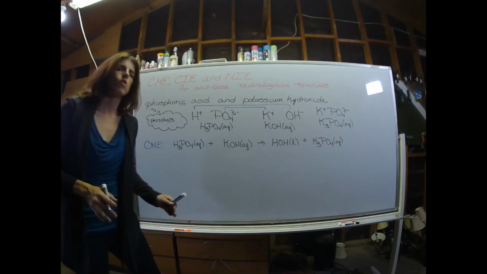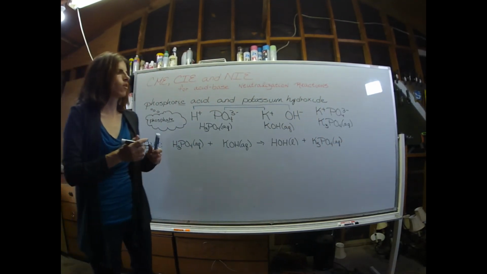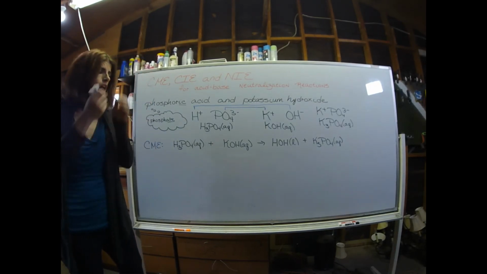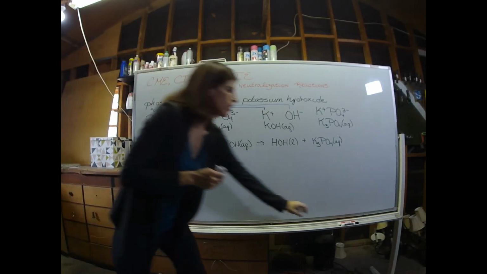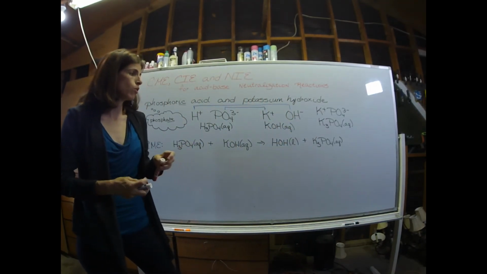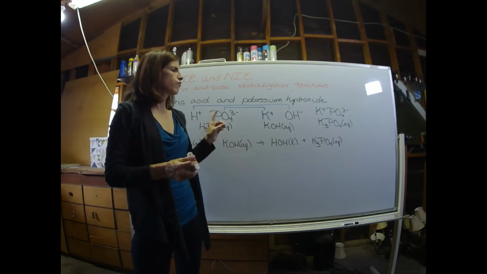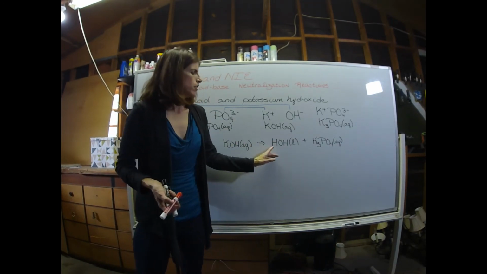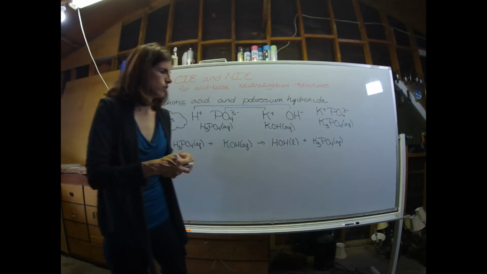What I've noticed over the years is students struggle a little bit to balance acid-base reactions that are not one-to-one. One of the tricks I encourage students who are struggling to employ is, instead of writing water as H2O, as we all know it is, let's keep it as HOH.